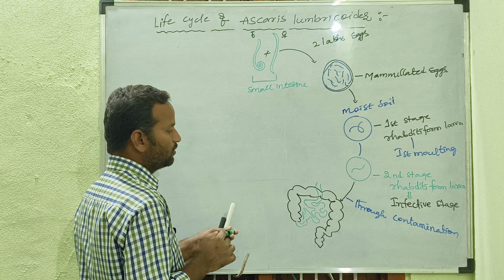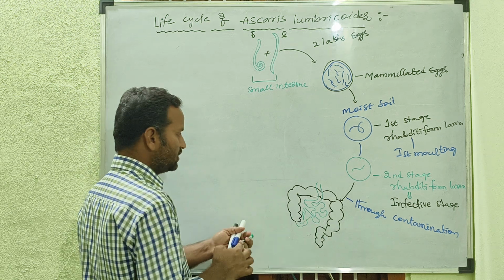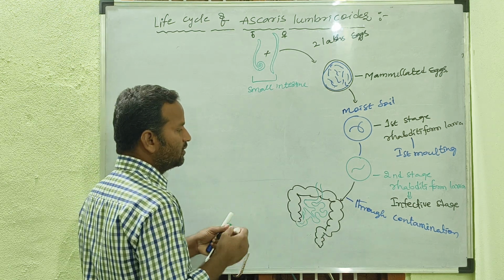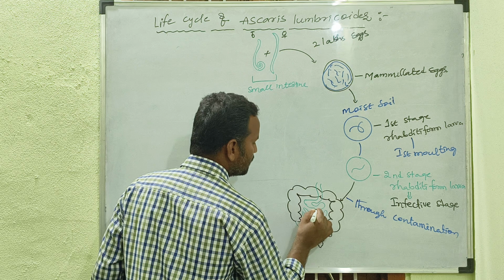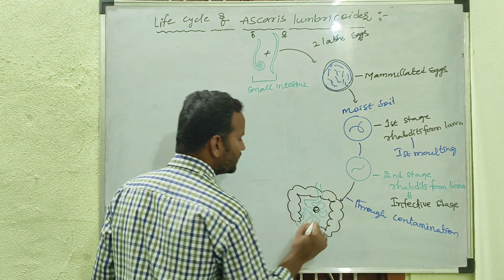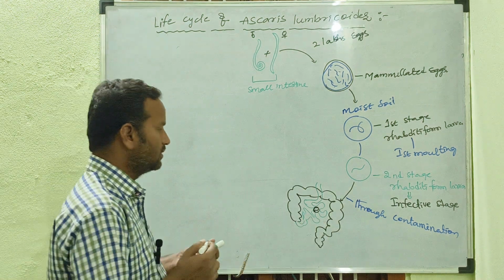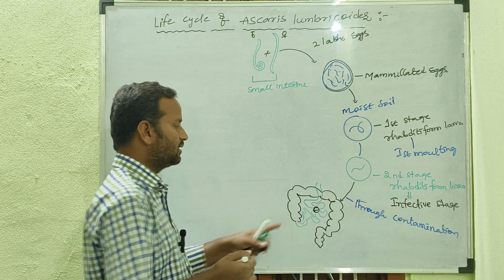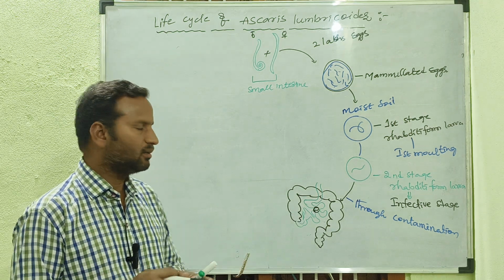This is the small intestine. This is the large intestine. The larva finally reaches the small intestine.